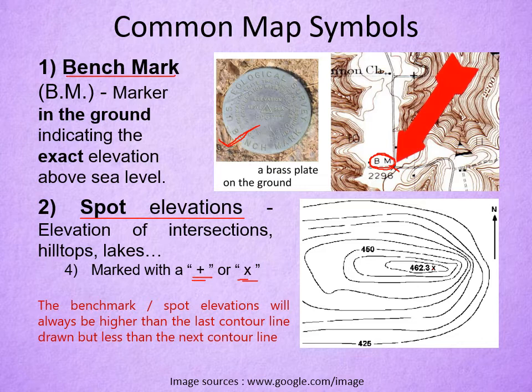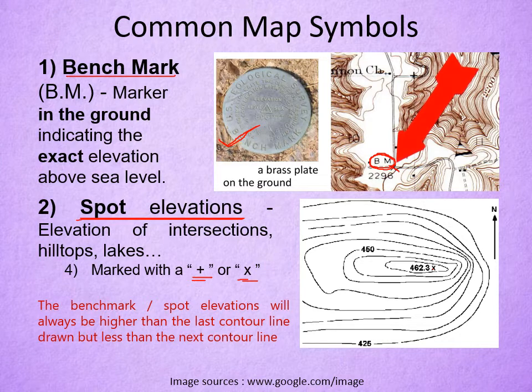So that is why we indicate that point as X or plus sign and write the value of that point. These kinds of altitude values of any point which is not lying over a contour line are known as spot elevations.